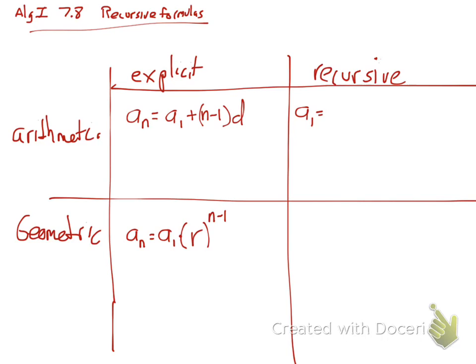It starts off with you having to actually list the first term, because you can't start a recursive formula without the first term.